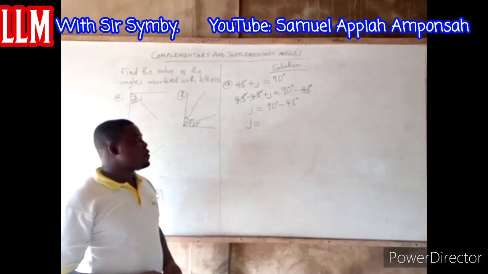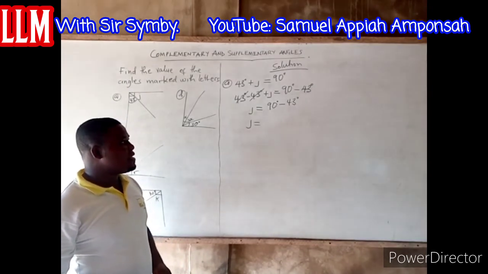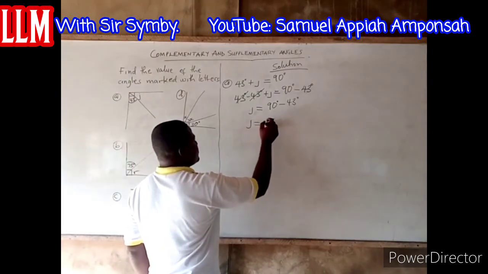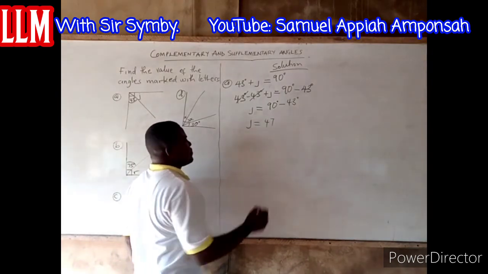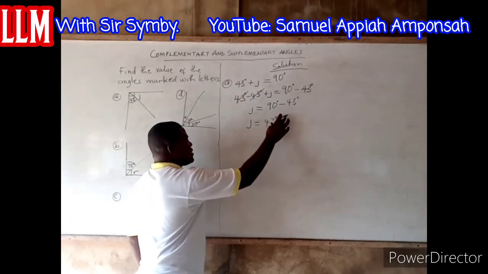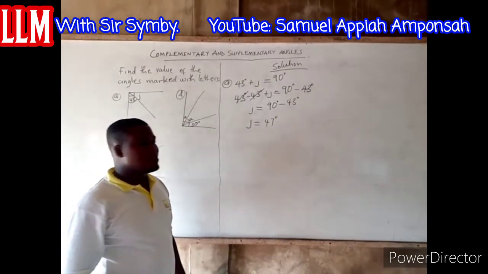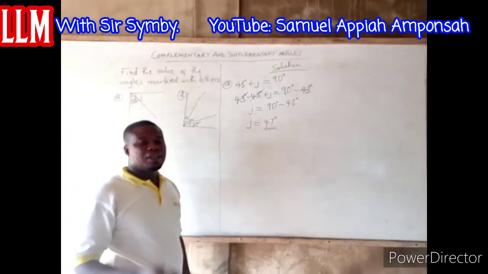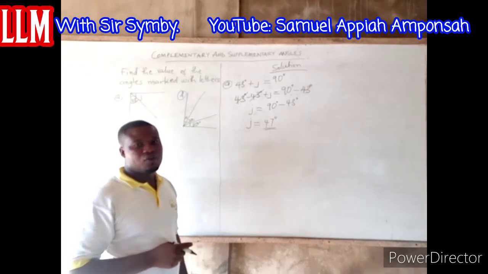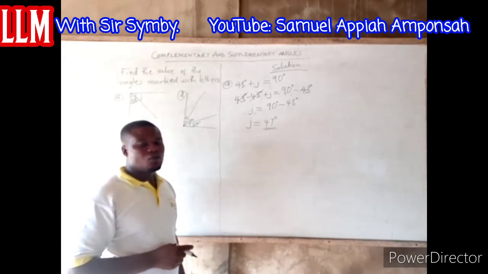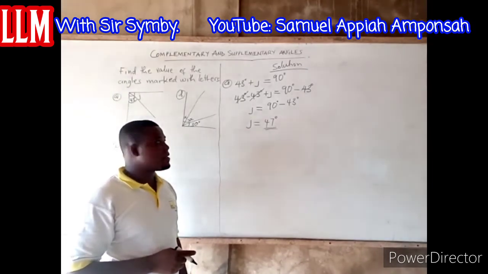And the answer for J is 47 degrees. Please don't forget to bring your degree symbol, because if you fail to bring it, marks will be deducted from your total marks.